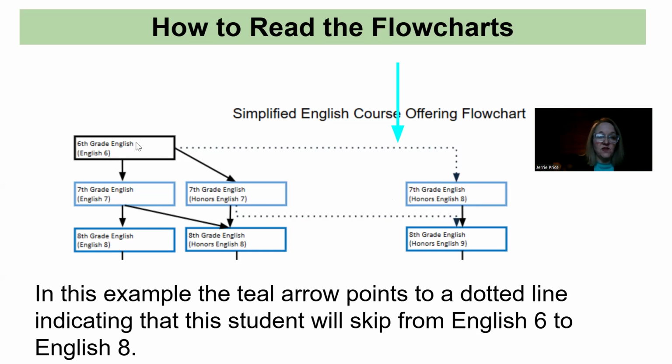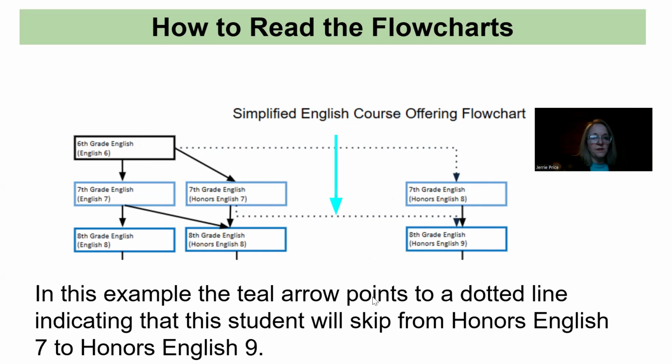Also, they could do sixth grade English, seventh grade English, through honors seventh grade English, then be considered to skip the eighth grade English and go into honors ninth grade English. So the dotted lines represent students that might be considered for skipping a grade if they qualified.